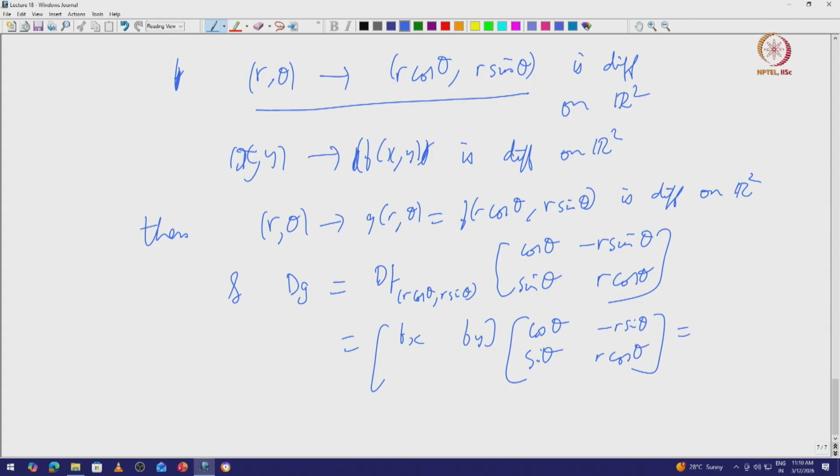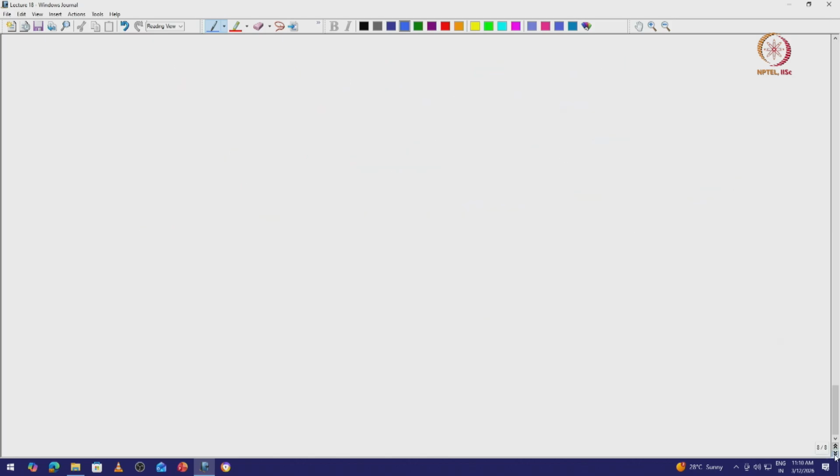So this is fx cos theta plus fy sin theta and minus fx r sin theta plus fy r cos theta. Okay? Right. So this sort of completes the loop, if you will.